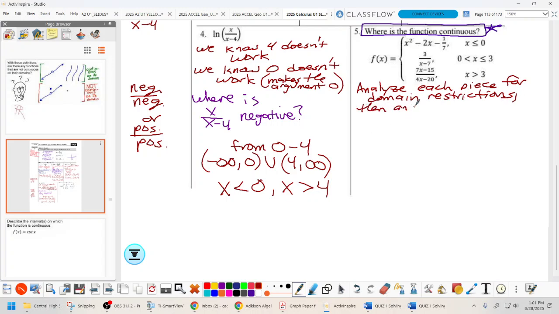Then analyze the partition point or boundary for equal, let's call it limit agreement.